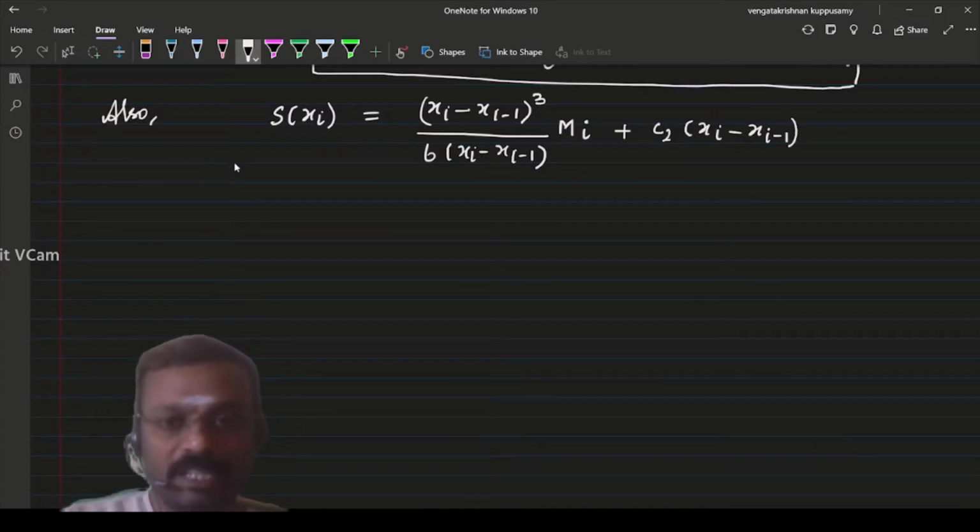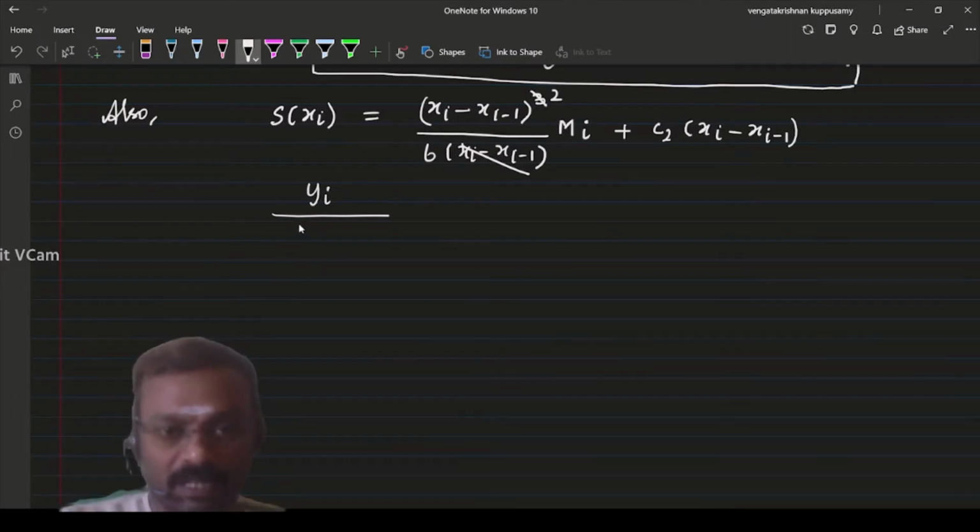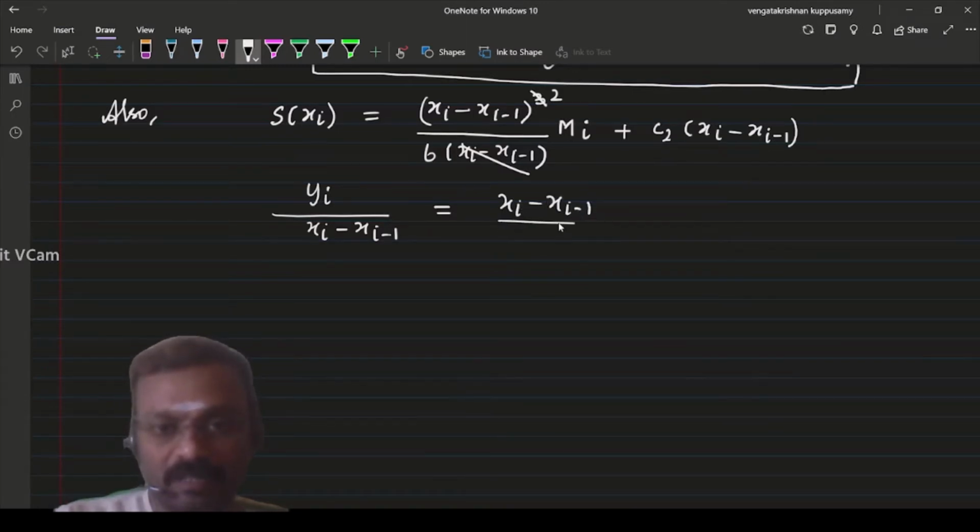So now, we know S of x_i is y_i, and dividing the equation throughout by x_i minus x_{i-1}, we have y_i by (x_i minus x_{i-1}) is equal to (x_i minus x_{i-1}) by 6 into m_i plus c2.